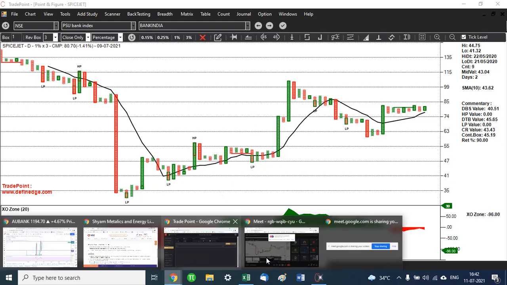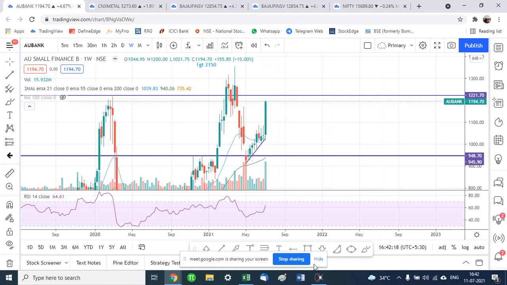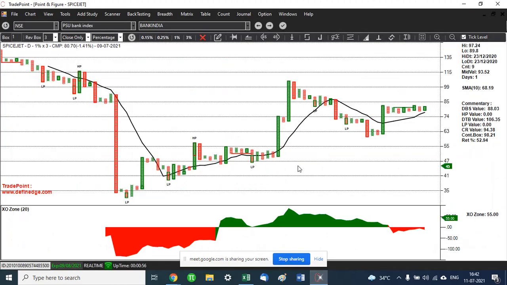But if on candlestick you use either the weekly or the daily chart, then I would suggest that you take either 1% or 0.25%, because as I had explained earlier, 0.25% can be considered the equivalent of daily, 1% can be considered the equivalent of weekly, and 3% can be considered the equivalent of monthly.